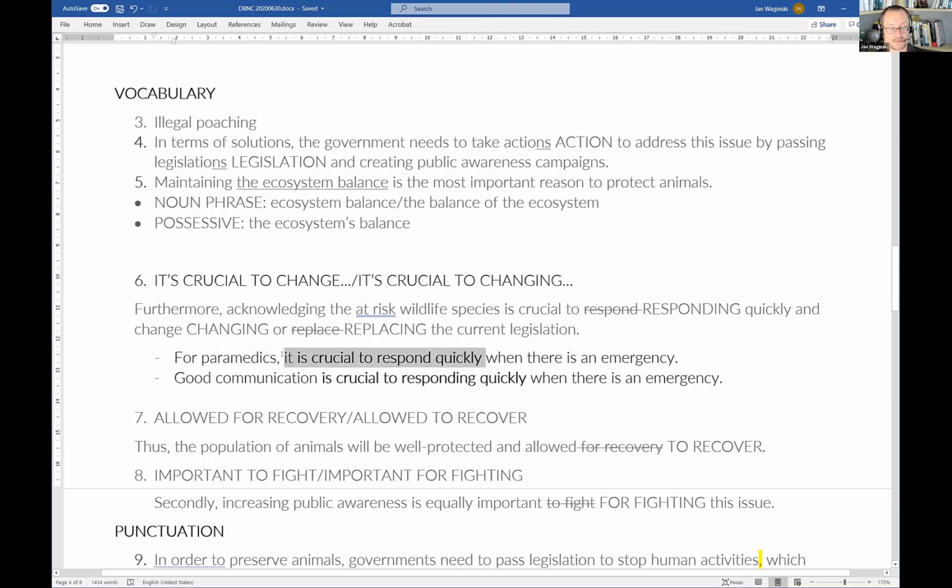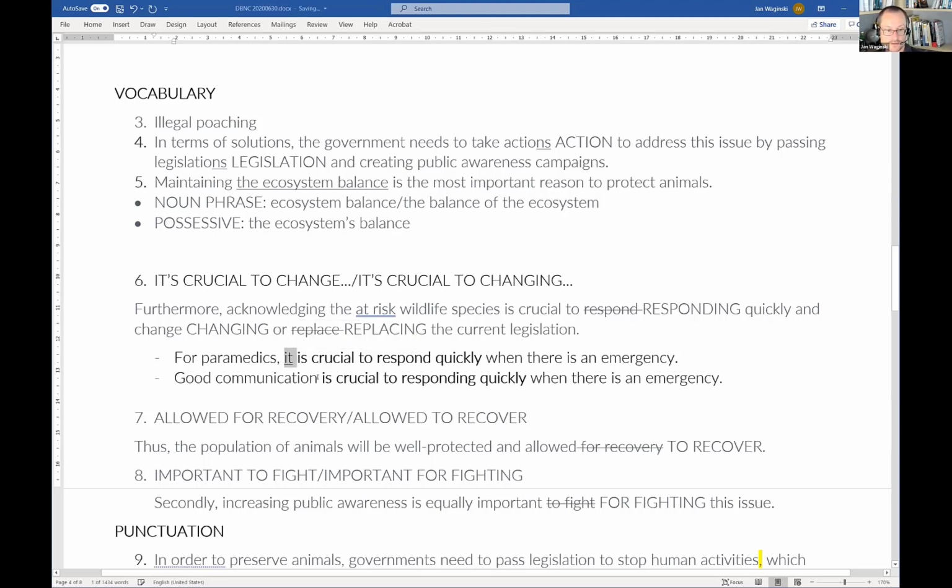It's kind of a subject that refers to itself. What is important, or rather, what is crucial? It is crucial to respond quickly. But this is a factor that's important for responding quickly. John? Does that make any sense?